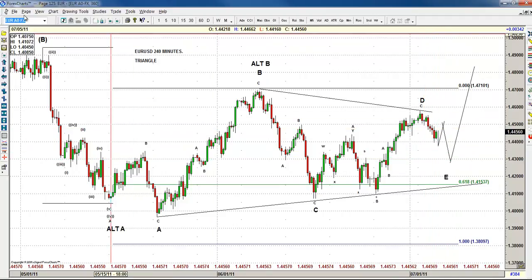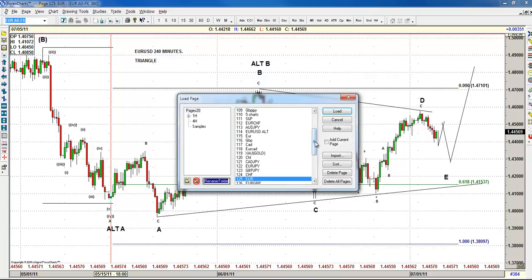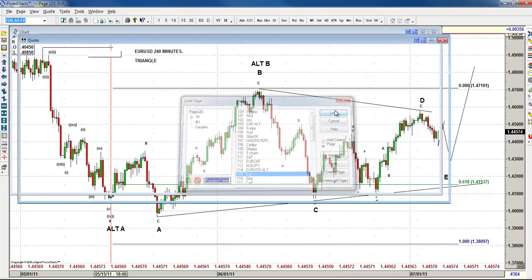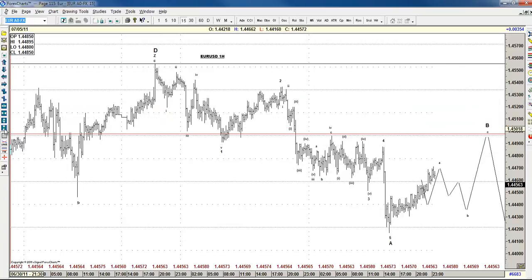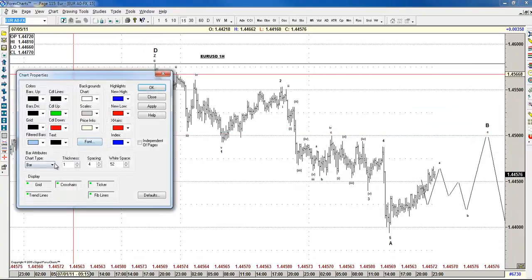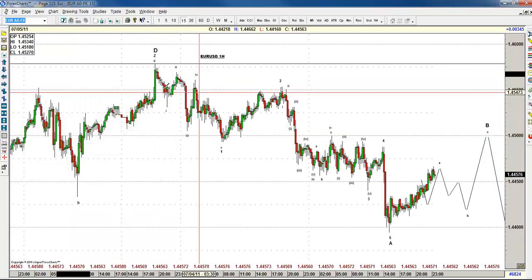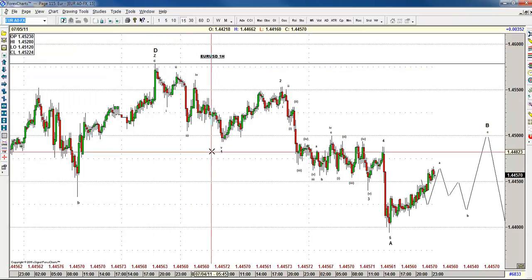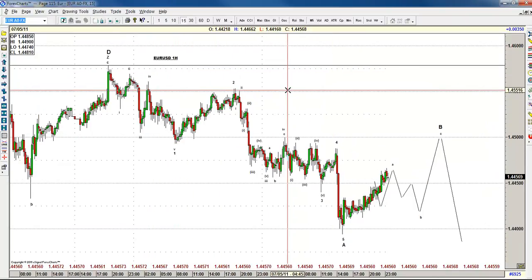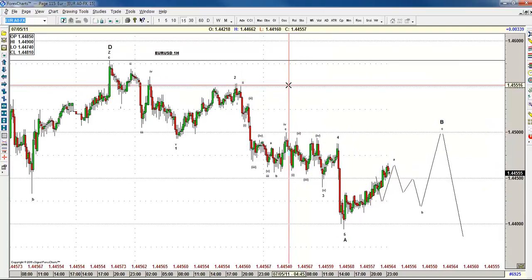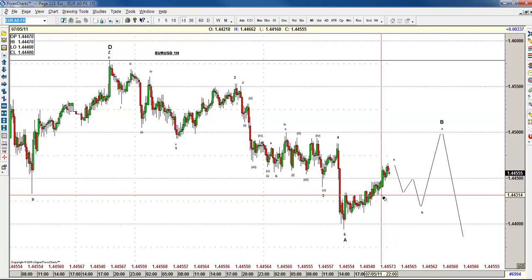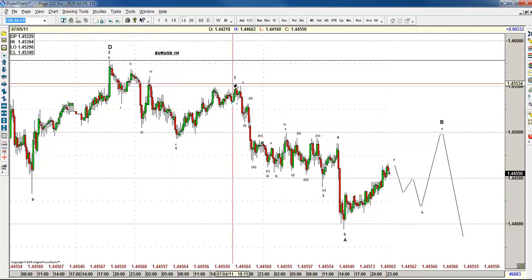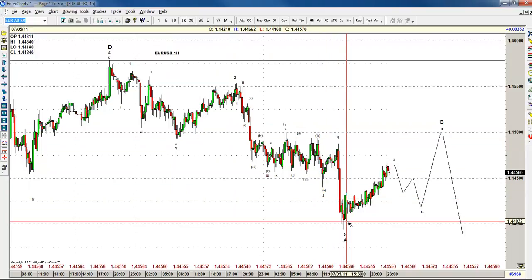Now let's go to the euro in an hour. In an hour, this is what we see on the euro. We see 1, 2, 3, 4, 5. This is 1, a 2, and this is the one calling for the 5-wave move completed, and then it goes like this. 1, 2, and then 3, 4, and a 5.